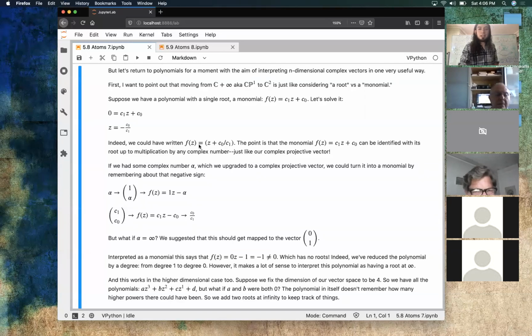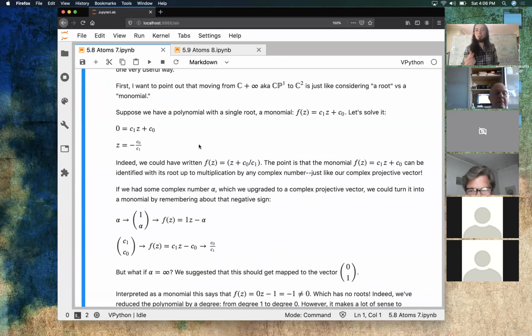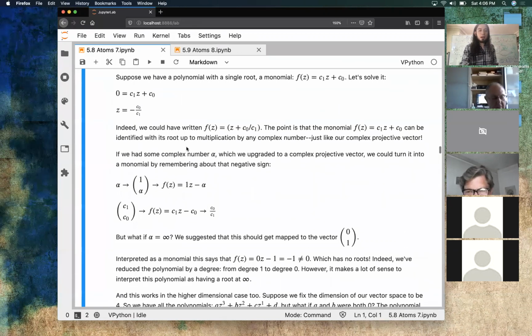So, suppose we have a single root, we can consider a monomial that has that as the root. So, for example, if we had a root alpha, then the polynomial with that root would be z minus alpha.